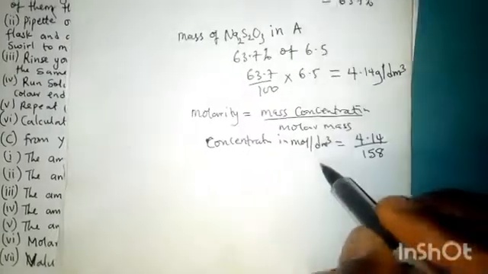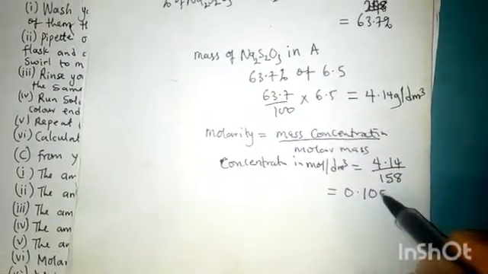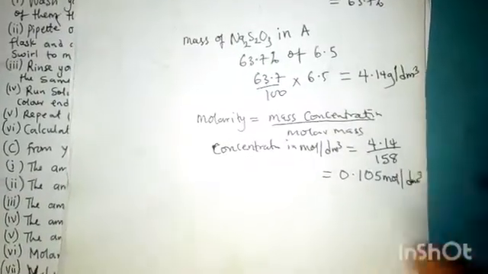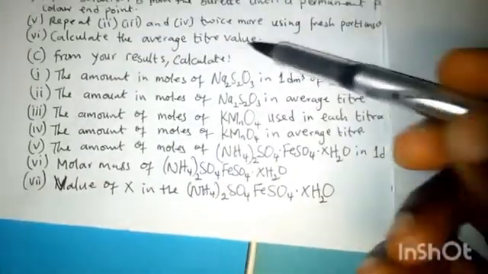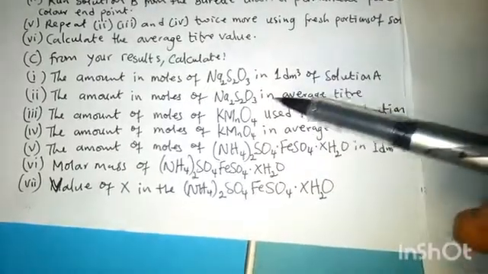With this, I was able to get 0.105 mole per dm cube. This is the number of moles of the anhydrous present in 1 dm cube of solution A.